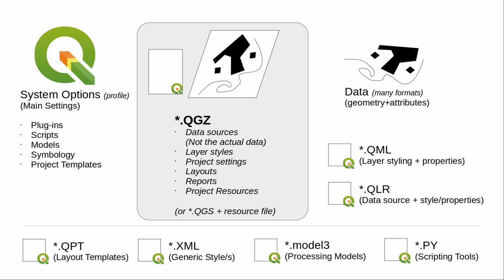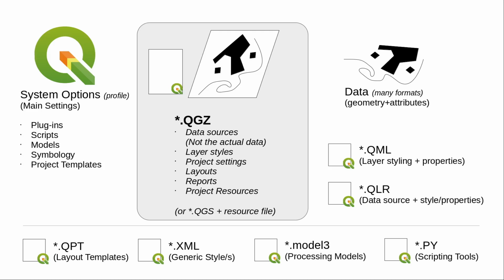Everything is included in the QGIS project file, except the data itself. But if you're handling layers for QGIS separately, you can handle the layer properties in QML files or in QLR files. The difference being that the QLR files also have a reference to the data source.